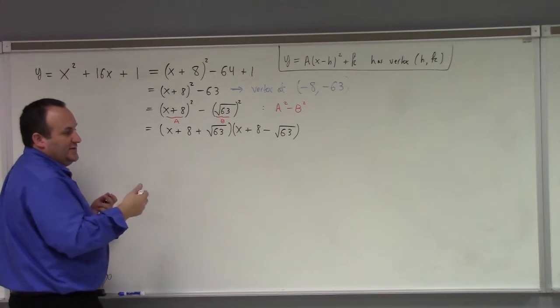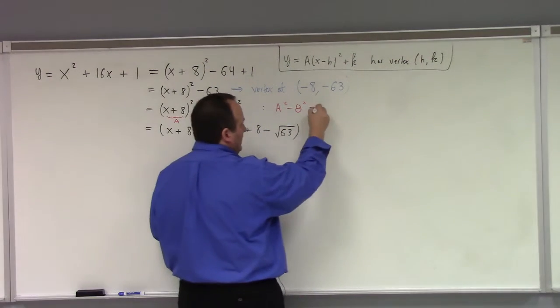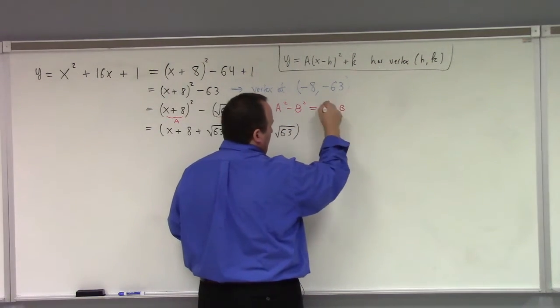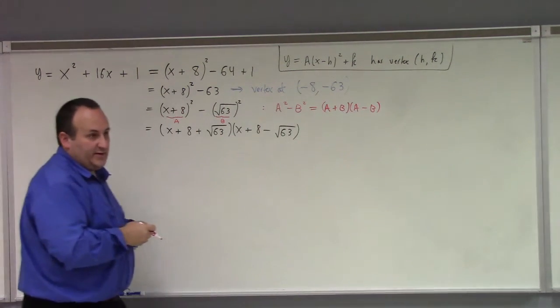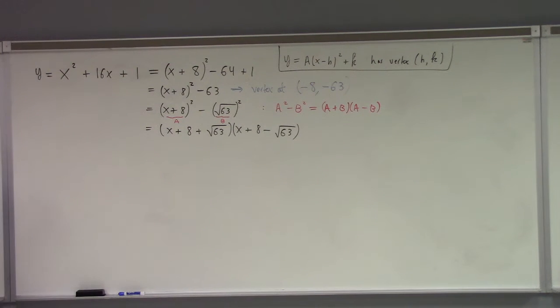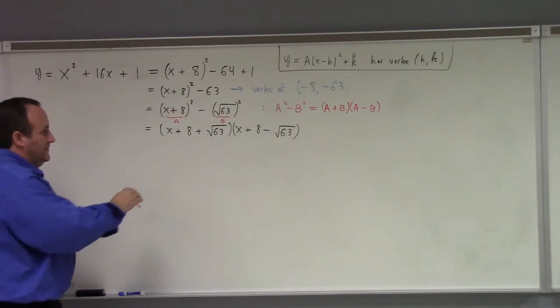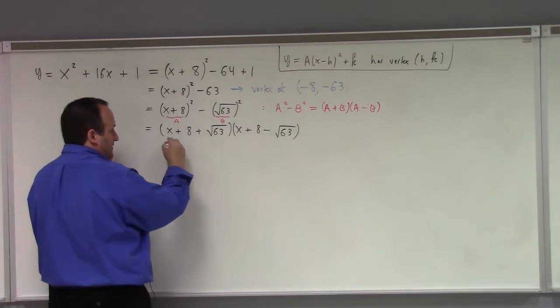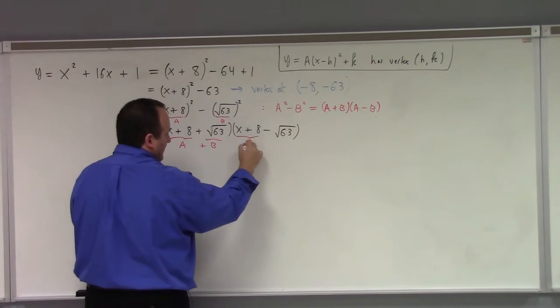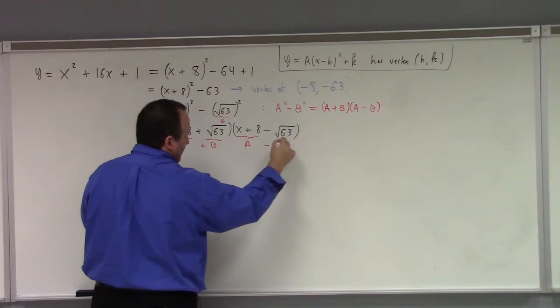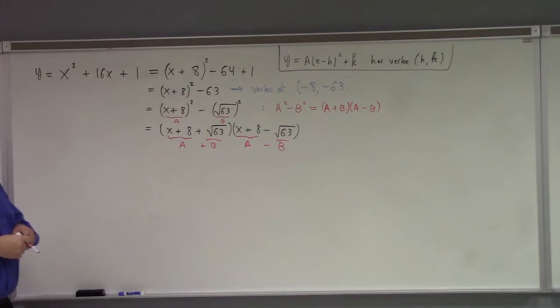And if you have a squared minus b squared, you can factor that difference of squares formula as a plus b times a minus b. So I'm always just going back to that idea. Whenever I get a difference of squares, I can just break it up into a plus b times a minus b. And so this is a plus b, this pattern down here is a minus b. Yeah? Where did you get the square root from? Imagination.